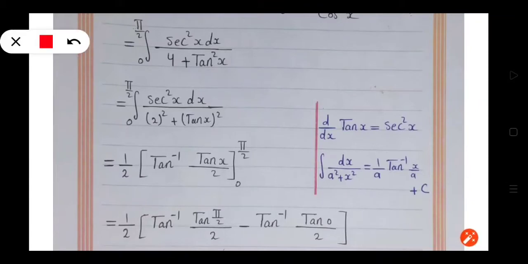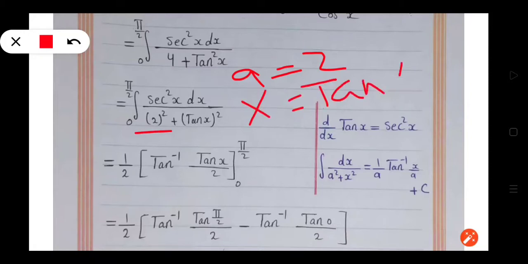Now we have a equal 2 and x equal tan x in the rule. The result will be 1 over 2 tan inverse of tan x over 2, all by the limits from 0 to pi over 2.